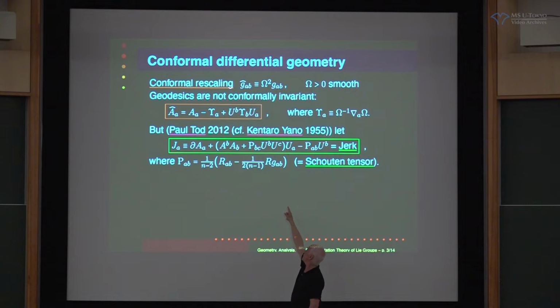I've modified the trace in a certain way, where R is the scalar curvature. So very convenient constants to put in there, and then you modify the whole thing by this 1 over n minus 2. This also, when you first see it, looks mysterious, but there are good ways of saying what rho is without relating it to the Ricci tensor. Anyway, this thing here is called the Schouten tensor.